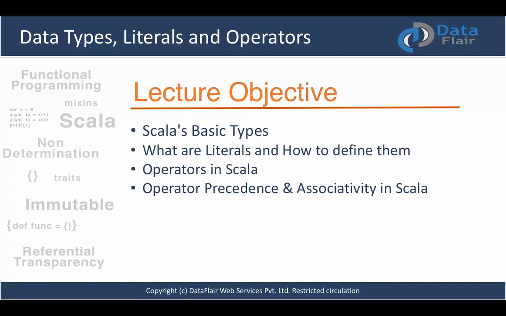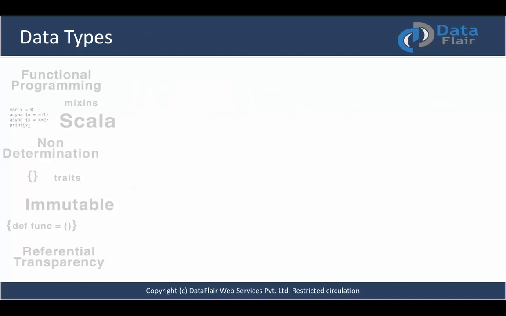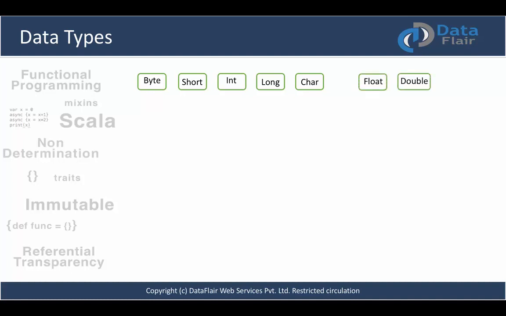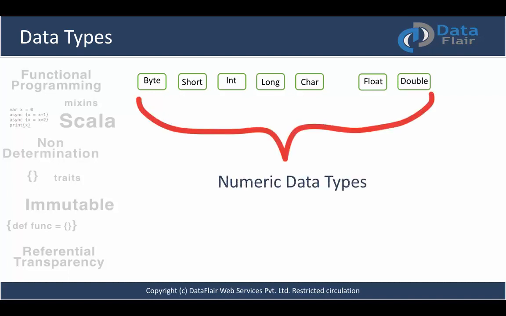So let's start with our very first topic, Scala's basic data types. In Scala we have byte, short, integer, long, and character. All these data types are integral data types. Then we have float and double, and these are called numeric data types.